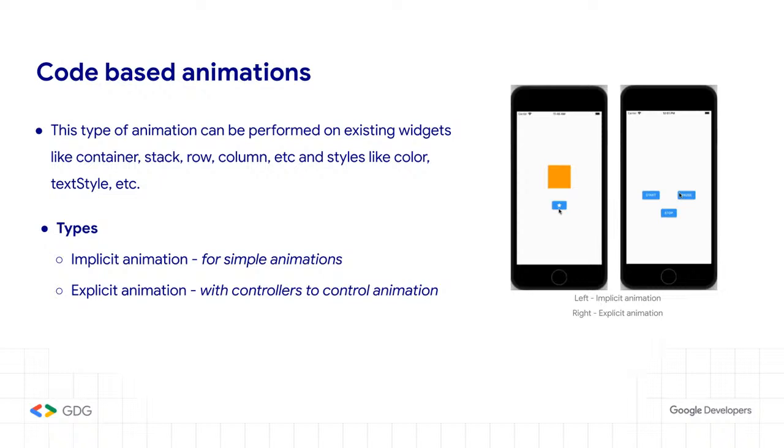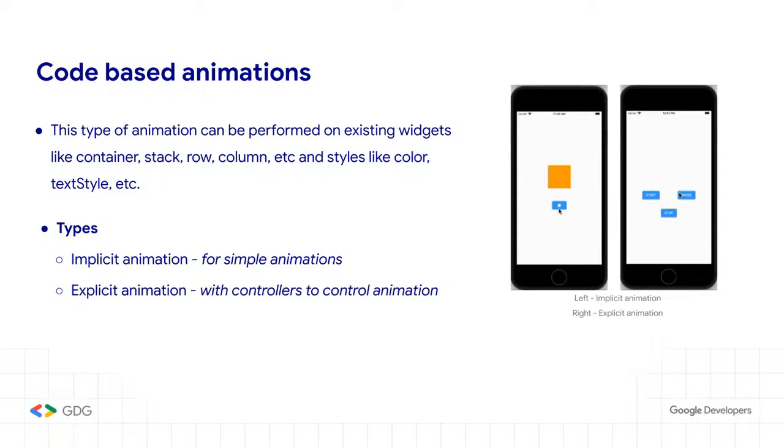It's the simplest form of animation. And one thing about implicit animation is that once you perform it, you cannot come back to the original state. For example, I have a starting value for a container and I want to change its size, so I make it animate.